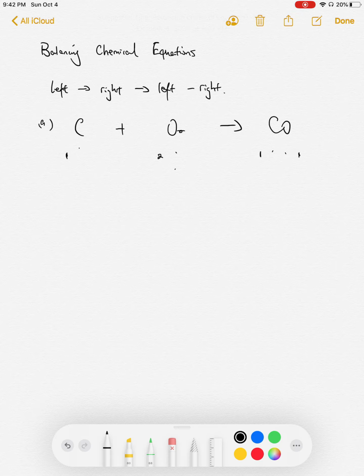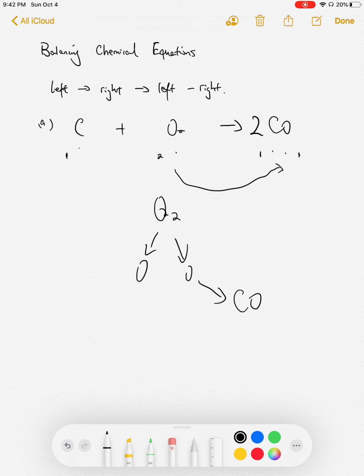If you bring the two over here, that means you are going to need at least two carbon monoxide to match the O2, right? Because the O2 is going to break into an oxygen and another oxygen. If this one makes a CO, and this one makes a CO, the two of them make two CO. So you're going to have at least two CO here.